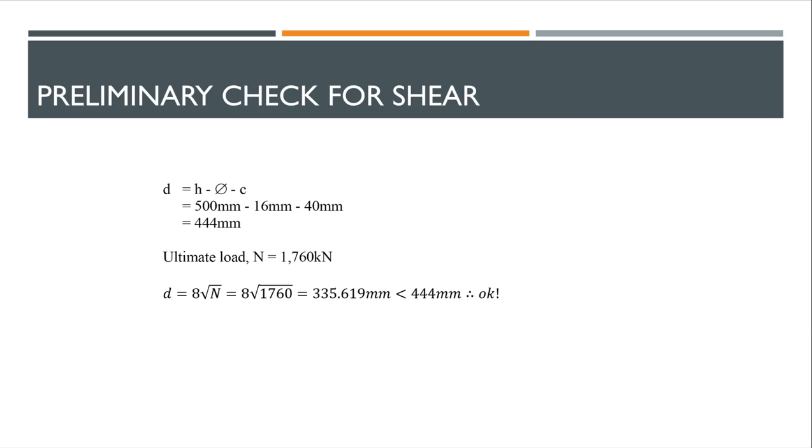Okay, why do we need this? Because we don't want to proceed to calculate everything and all of a sudden our design actually cannot support any shear, or cannot resist any shear. So we need to check first, and to check it, d is equal to h minus the diameter of bar.